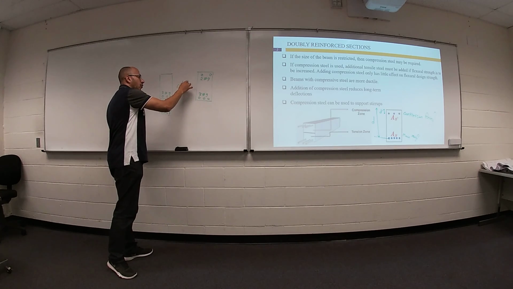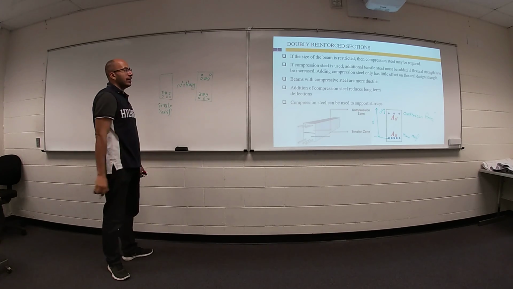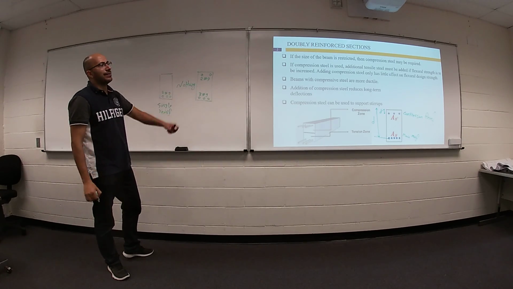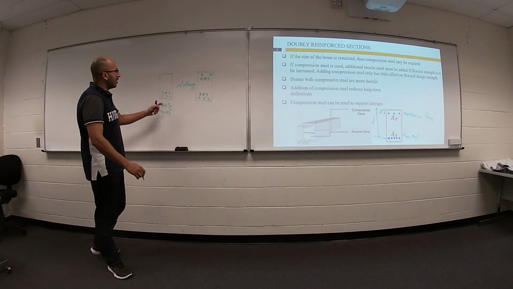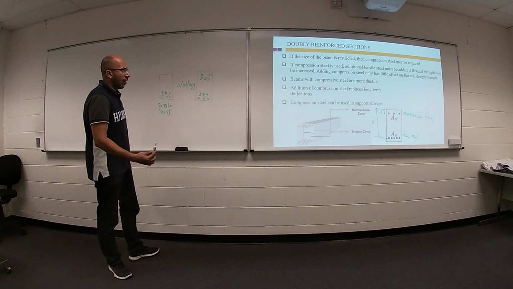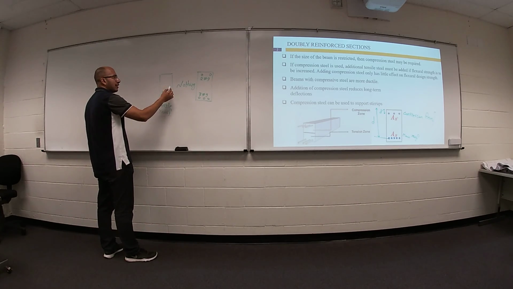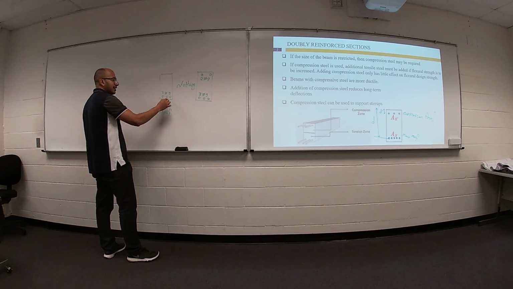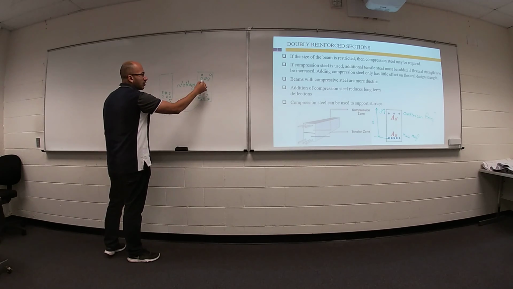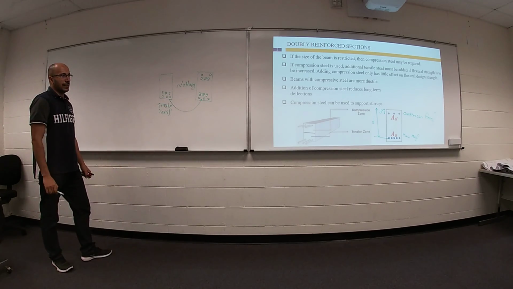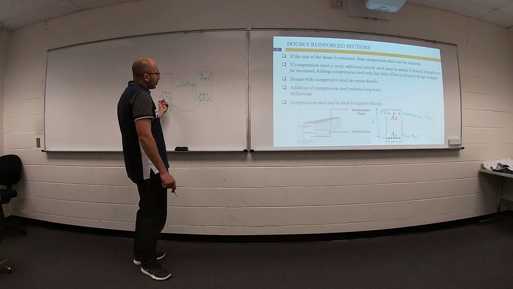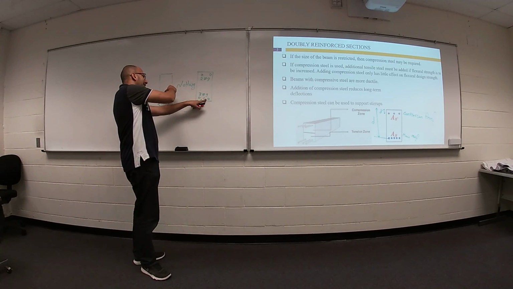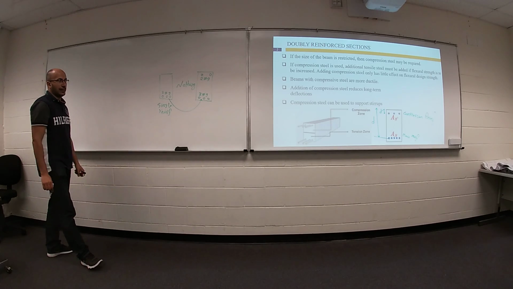Nothing will happen. No increase in the beam capacity. No enhancement in the design of this cross section. Why? Because your steel reinforcement without compression reinforcement is the same as when you add compression reinforcement. If compression steel is used, additional reinforcement must be added to that tensile reinforcement.